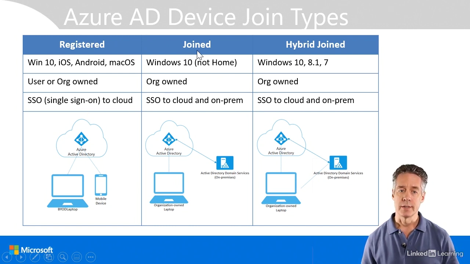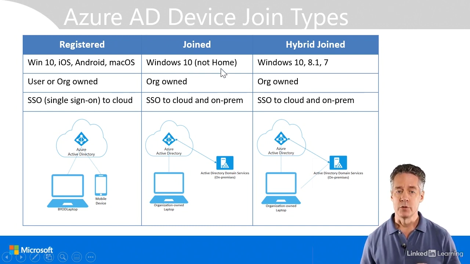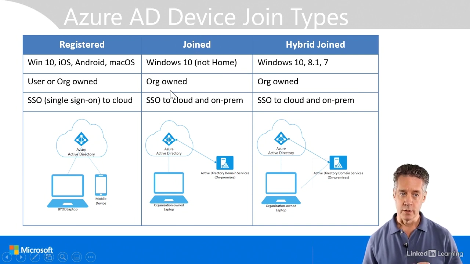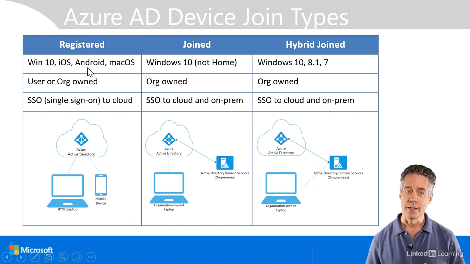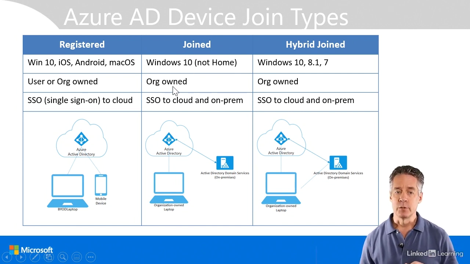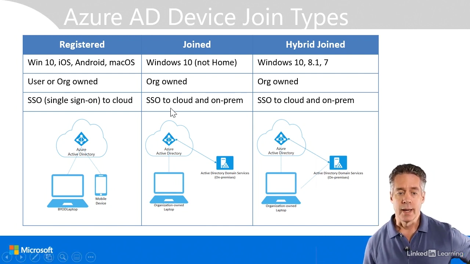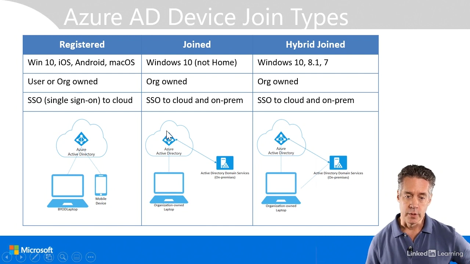A joined device type is Windows 10 or Windows 11, but not the Home Edition. So already there's quite a restriction here where you're not allowed to use iOS, Android, Mac, anything but Windows 10. It's assumed to be an org-owned device. The SSO can happen to Azure AD as shown in the picture.